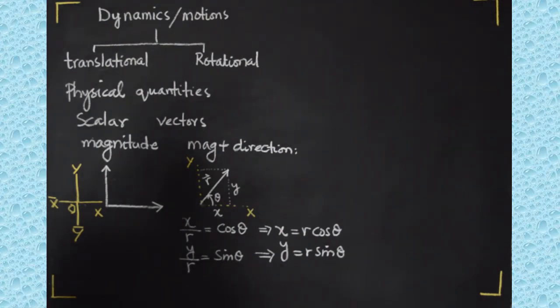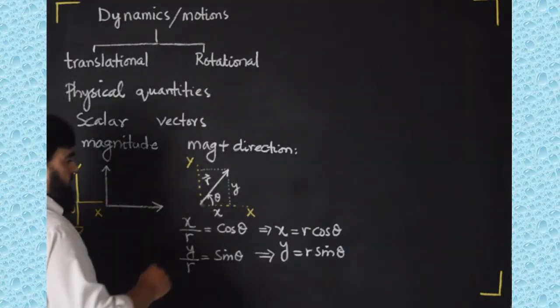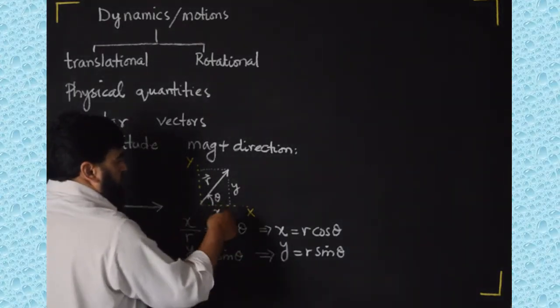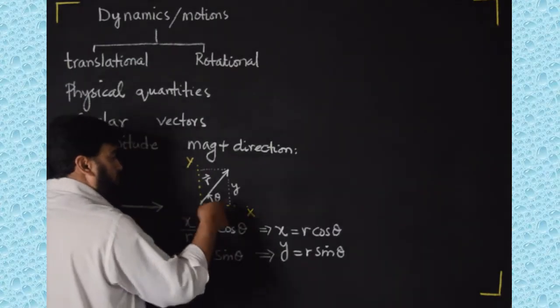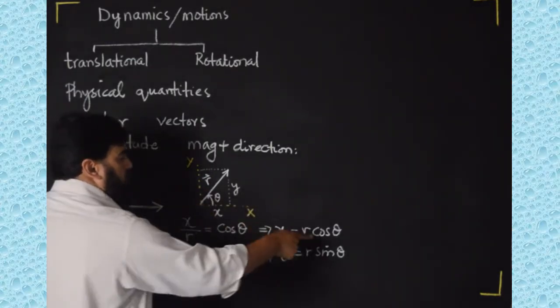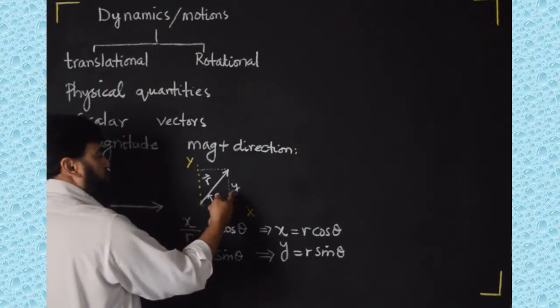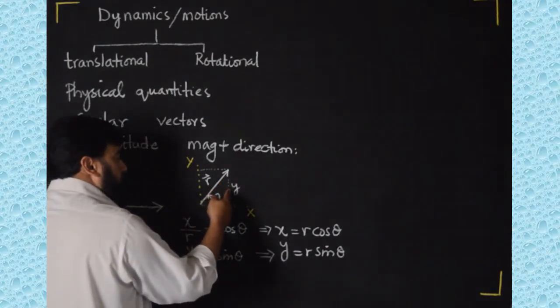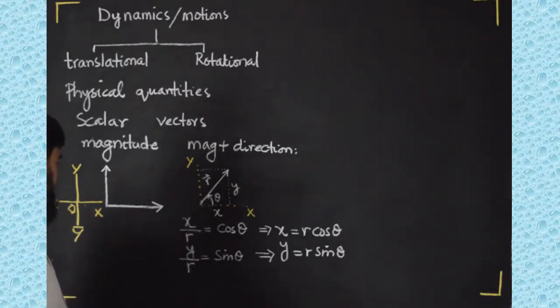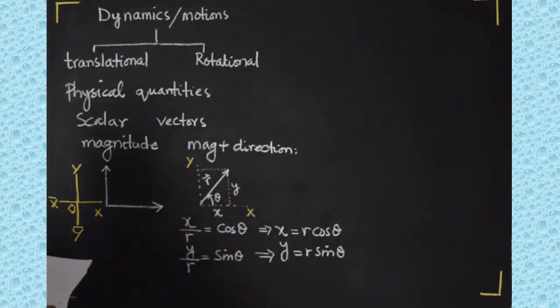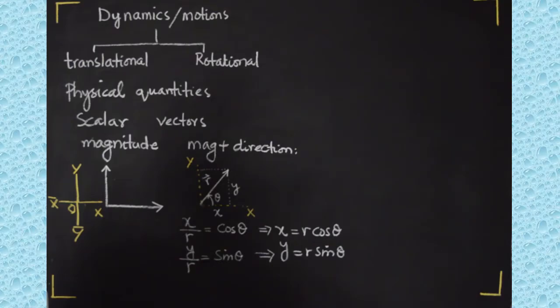So these two results we will utilize all over: the ratio of the horizontal component with the height part is cos theta, and the ratio of the perpendicular component with the height part is sine theta.